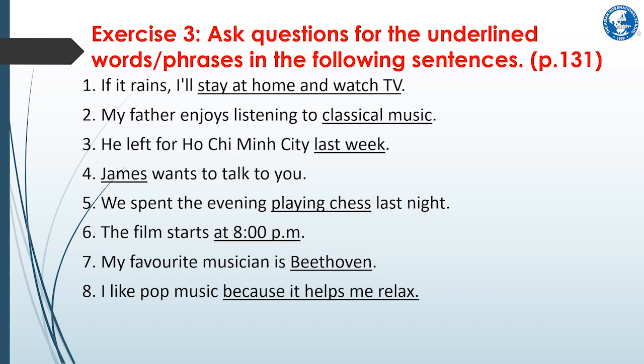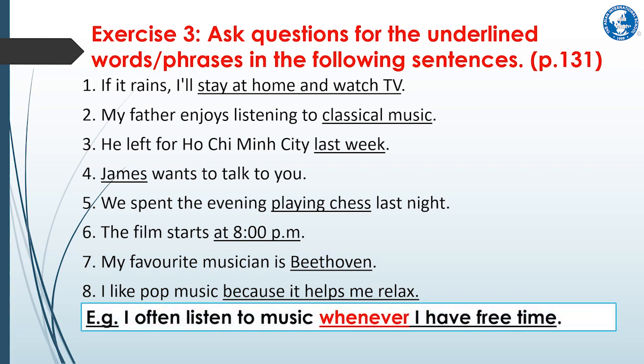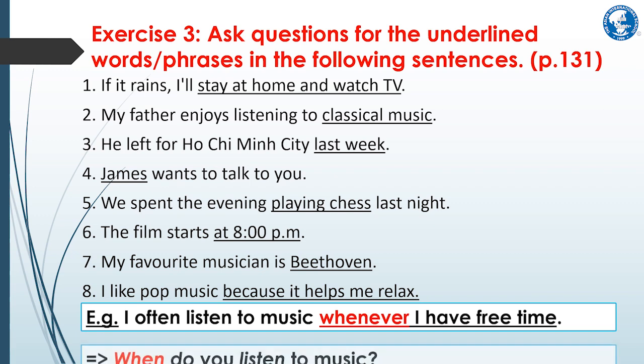Okay, exercise number 3. Ask questions for the underlined words or phrases in the following sentences. We have 8 sentences in total, and I have an example. I often listen to music whenever I have free time. Whenever refers to time. So, the WH question you should use is When?